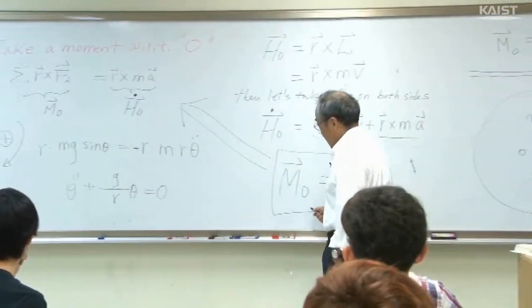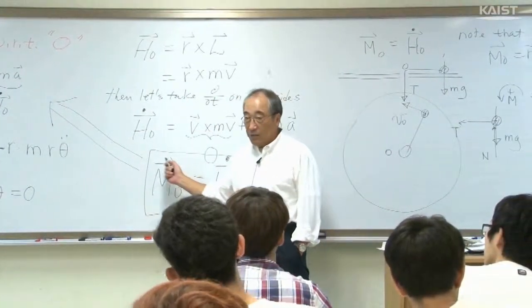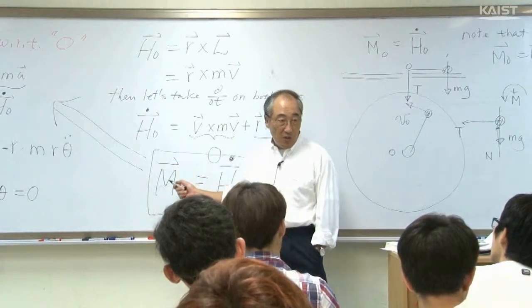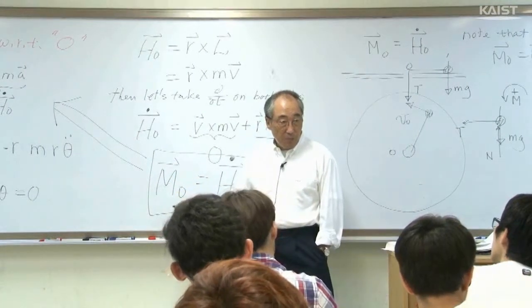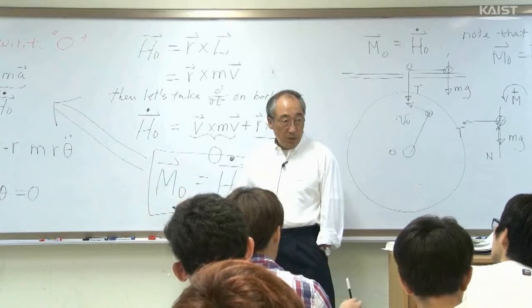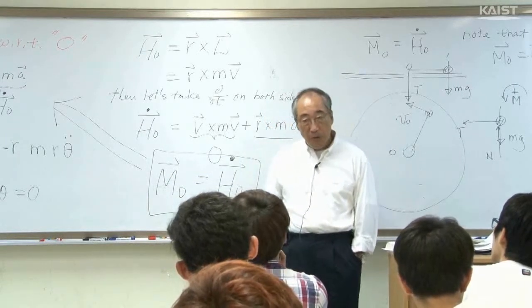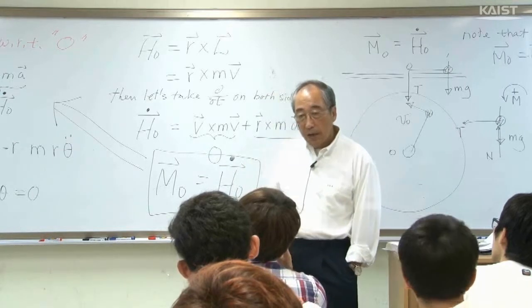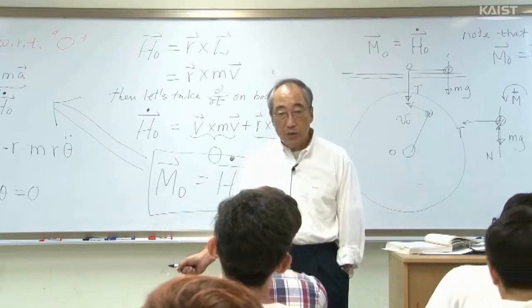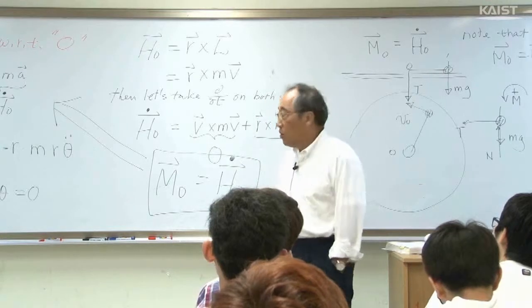As this equation says, if the moment is 0 with respect to a certain point of interest, then H0 dot, which is simply the rate of change of angular momentum with respect to time, is 0, so H0 has to be constant.